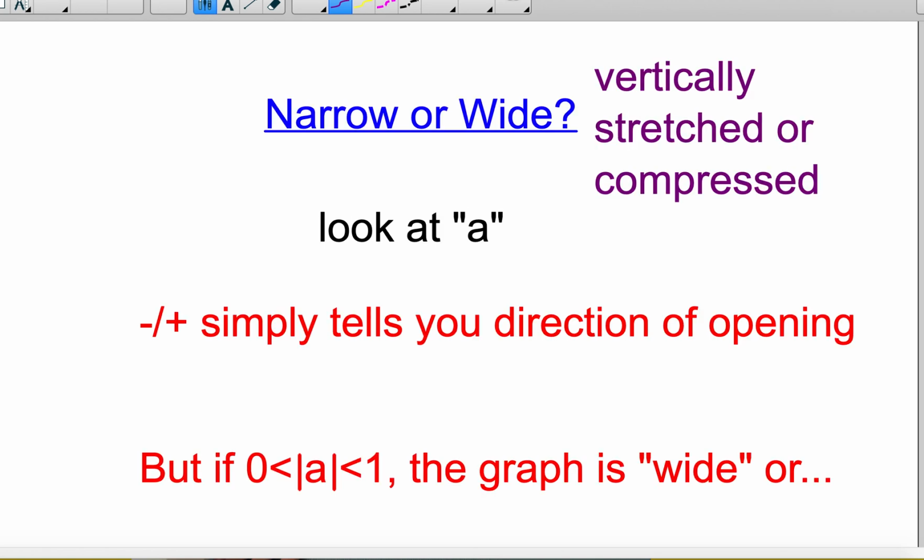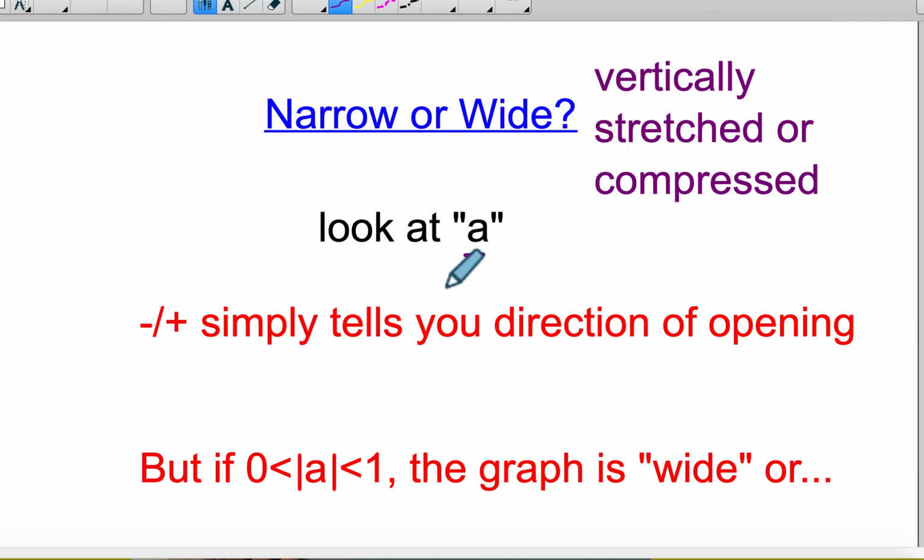Oop, I forgot one, sorry. Narrow or wide. So it's also called vertically stretched or compressed. So sometimes graphs, we're kind of comparing it to an a value of 1. So if that a value was 1, that first leading coefficient was 1, that's really neither narrow nor wide, or not vertically stretched or compressed.